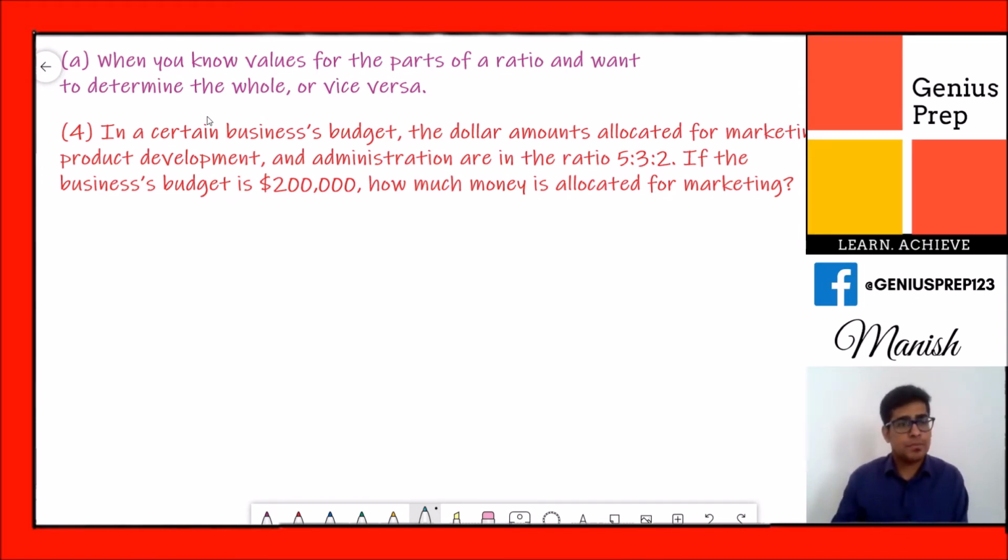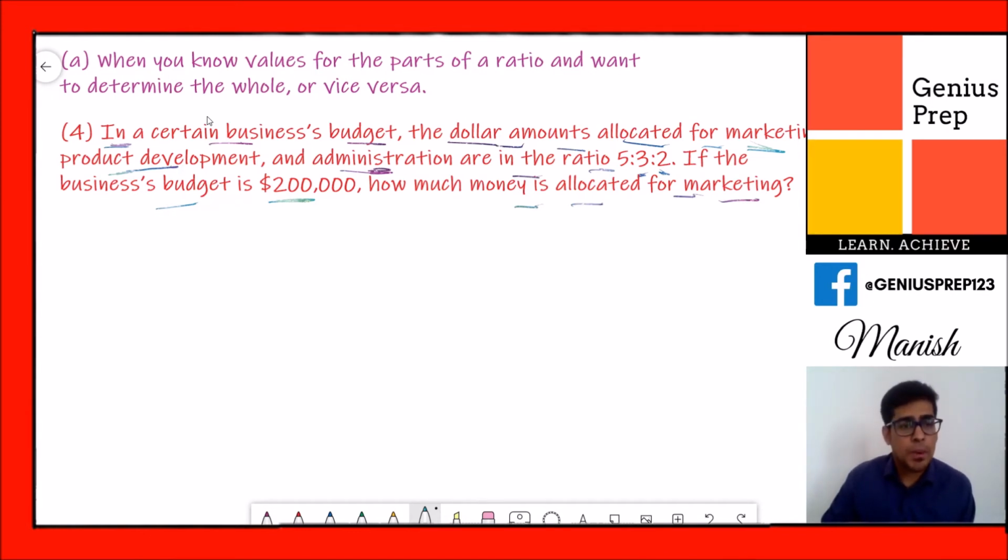Let's take an example. In a certain business budget, the total dollar amount allocated for marketing, product development and administration is in the ratio 5 is to 3 is to 2. If the total business budget is $200,000, how much money is allocated for marketing?